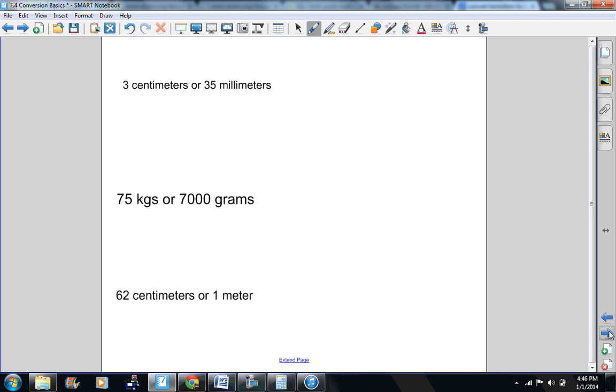So I want you to try these on your own and see how they go. For this one, 3 centimeters is 30 millimeters. 35 is bigger than 30, so 35 millimeters is bigger.